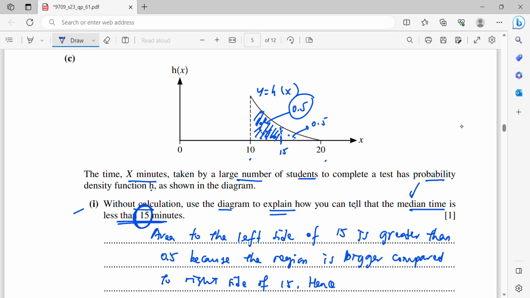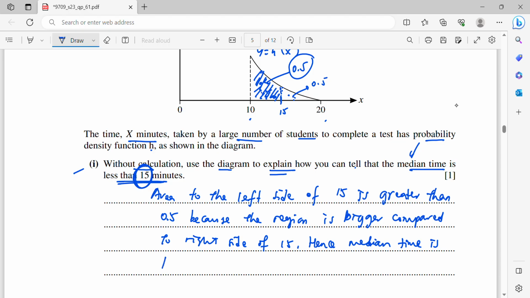Hence, median time is less than 15 minutes.